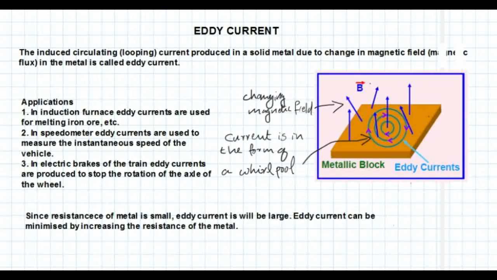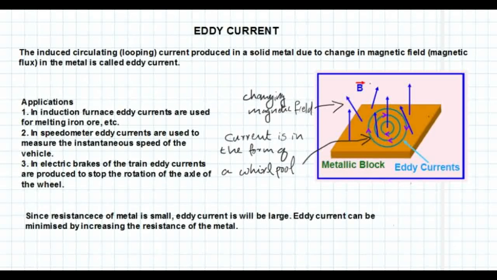Now, since the resistance of a metal is small, eddy current will be large. You know that if there is a small resistance, there is a huge current. So eddy current can be minimized by increasing the resistance of a metal. For any given metal, there will be a certain resistance.